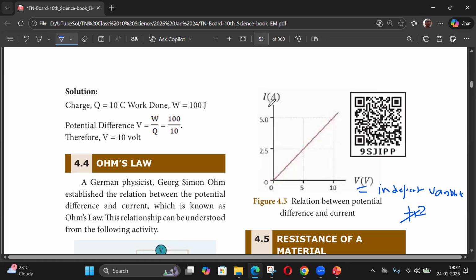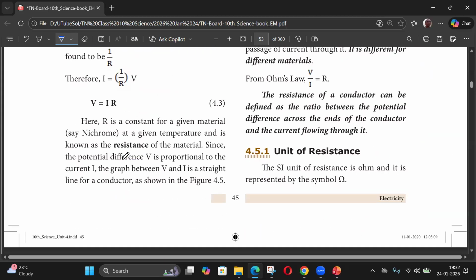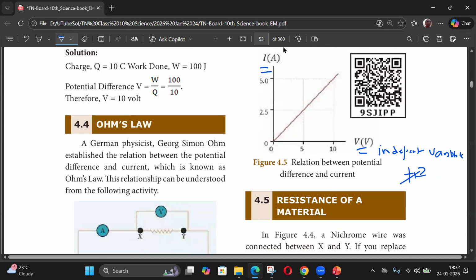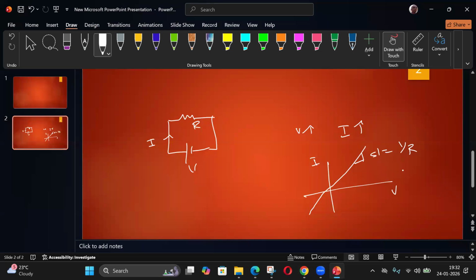This is the response, the output. The proper way of drawing is I on the y-axis and V on the x-axis. If it is the other way around, then the resistance changes: for this plot, slope is 1 by R, so resistance is 1 by slope.